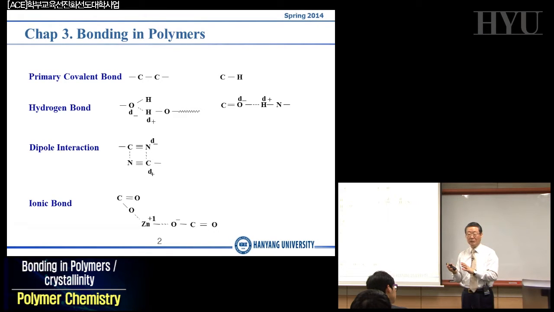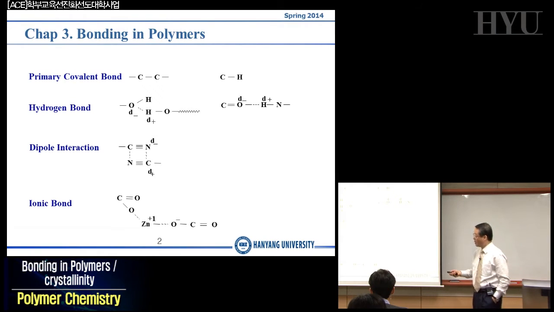So crystallinity will hold the polymer chains with those hydrogen bondings, such as the dipole interactions in the case of polyacrylonitrile, to become much more rigid, regular and densely packed, and a little bit more crystalline than the polyurethane cases.